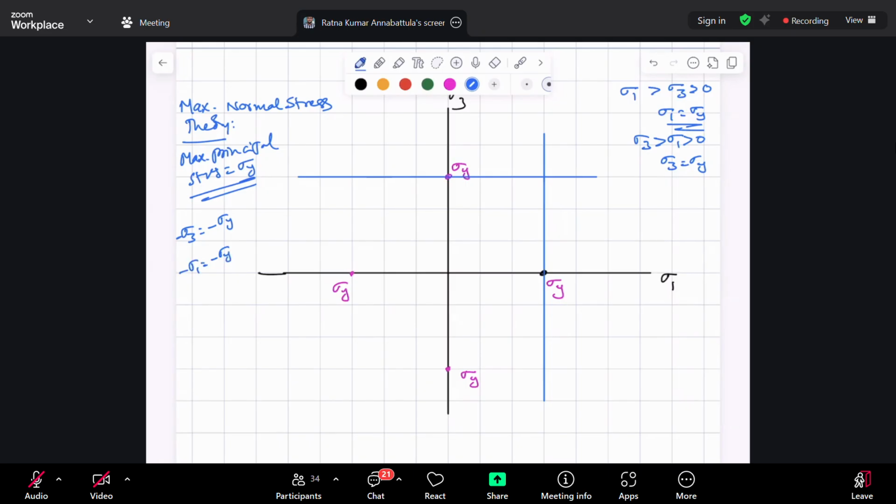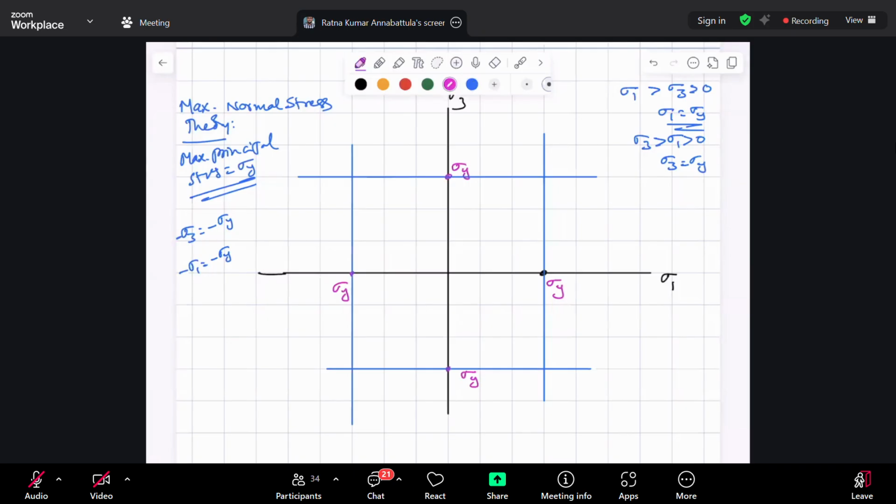Which line is that? Negative y-axis, horizontal. That is minus sigma 1, right? And sigma 3 will give you this line. So the area enclosed by these 4 lines is our failure surface, isn't it?